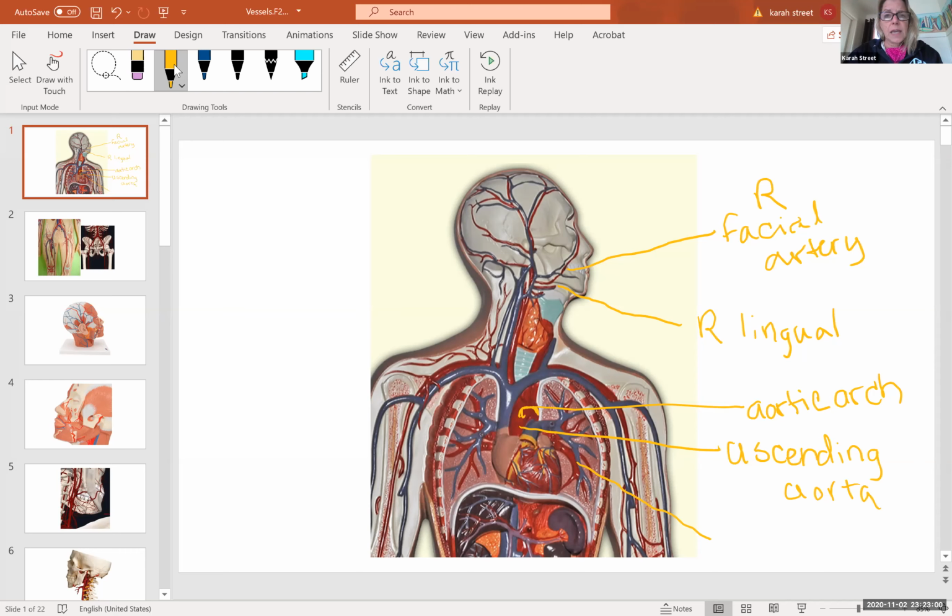So in this case, for the pulmonary circuit, those blue vessels are branches of the pulmonary arteries. So that would be the left that I pointed to, and over here would be the right. Remember, it's the person's right, anatomical position.